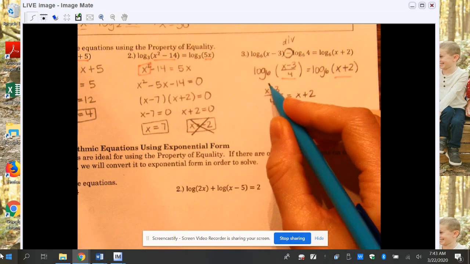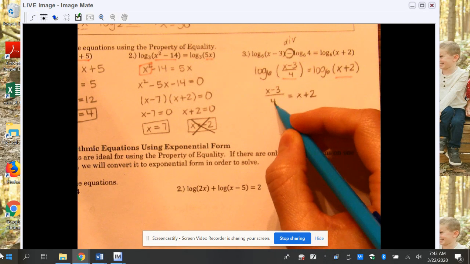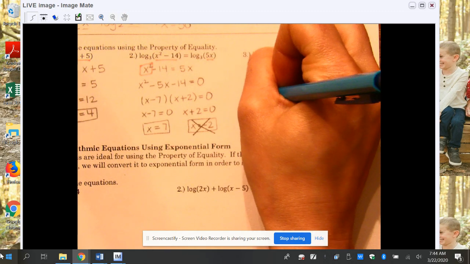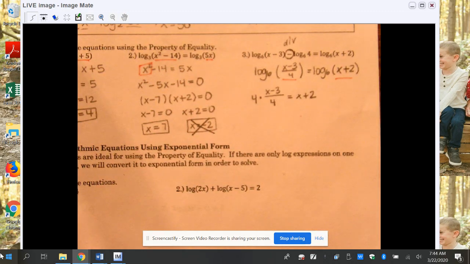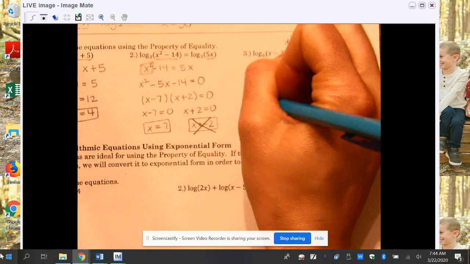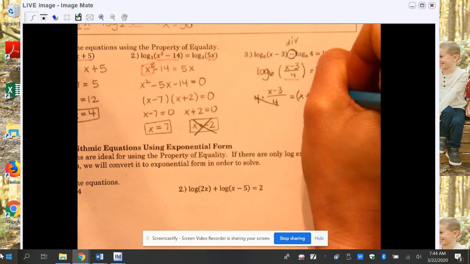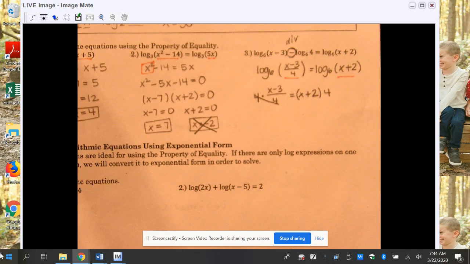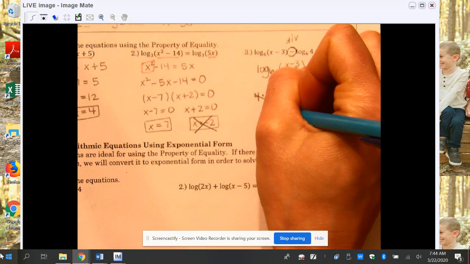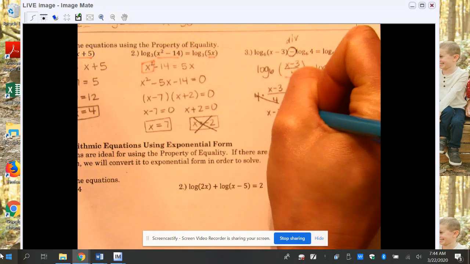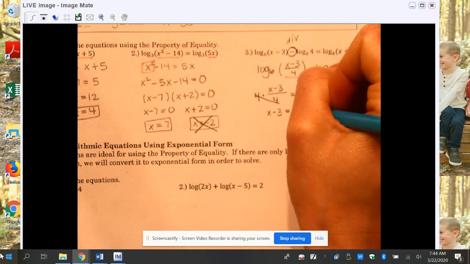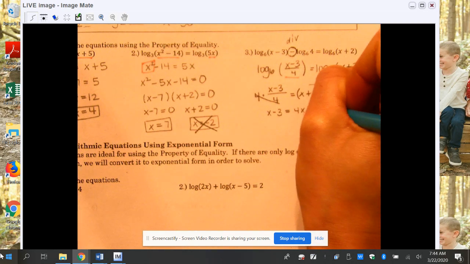So x minus 3 is being divided by 4. So now I'm going to multiply both sides by 4. We have to remember then we're multiplying the whole quantity by 4. So this is going to give me x minus 3 equals 4x plus 8.